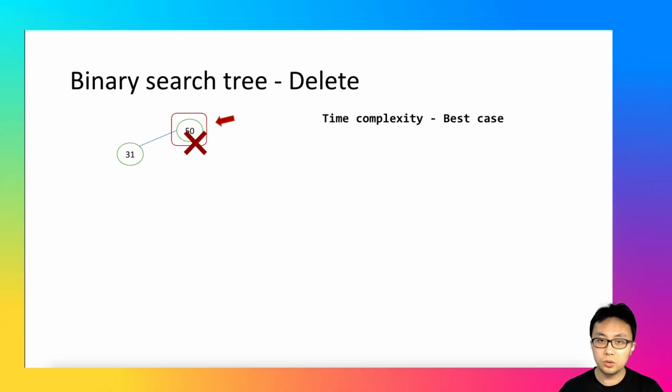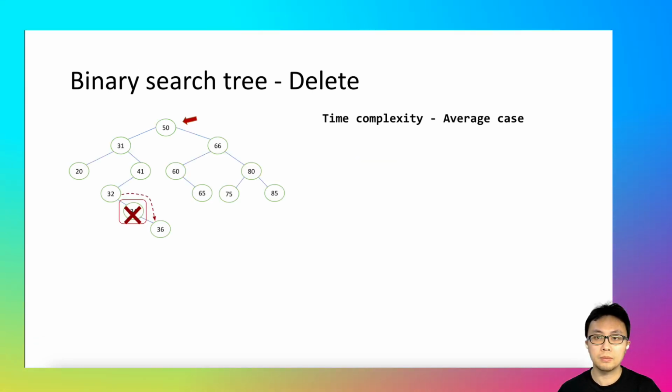The major cost of deleting a target node is all about searching for that particular node first. Adding both the search and the delete time together, it takes a constant amount of time to delete the target node, like what you see here on the left.